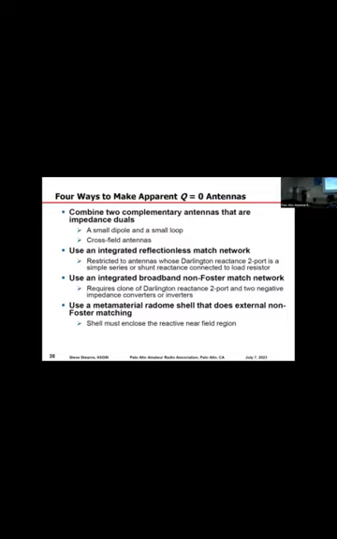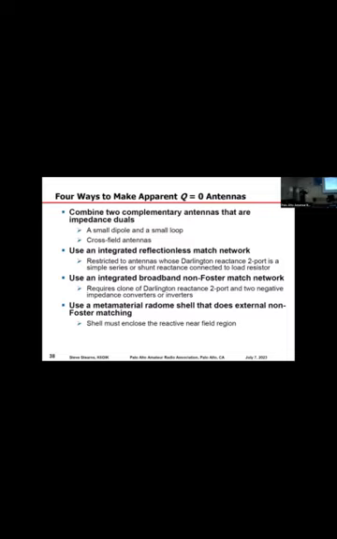Non-Foster match networks are my own invention. That technique just requires that you make a network that looks like the inverse of the antenna's reactance, stick it in, and they call that the match network. I'll show that on the next slide. And then metamaterial radomes: surrounding the antenna with a sphere made of shells of materials in the right order can do the same thing as a network.